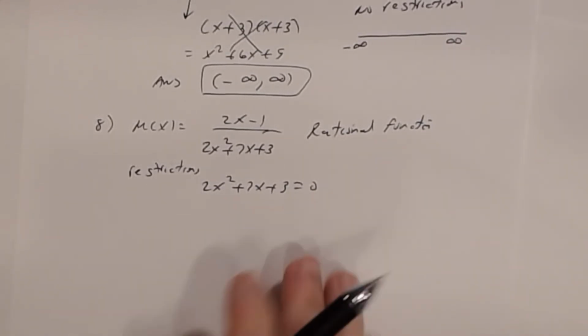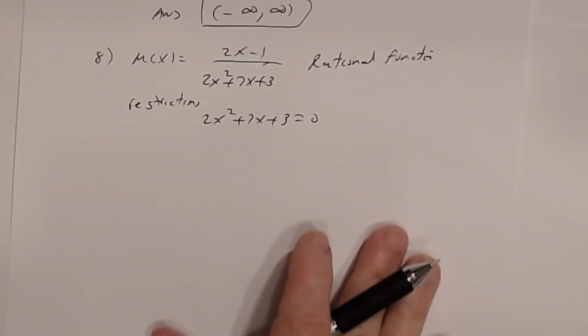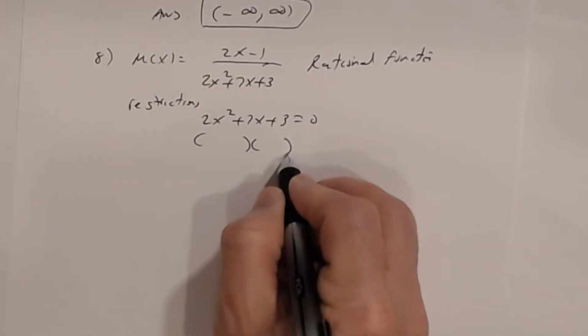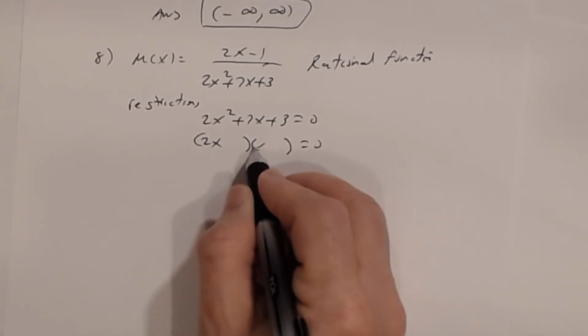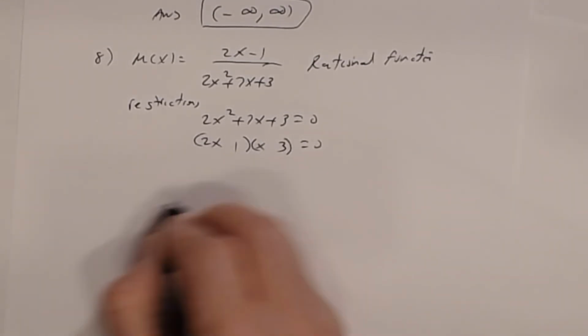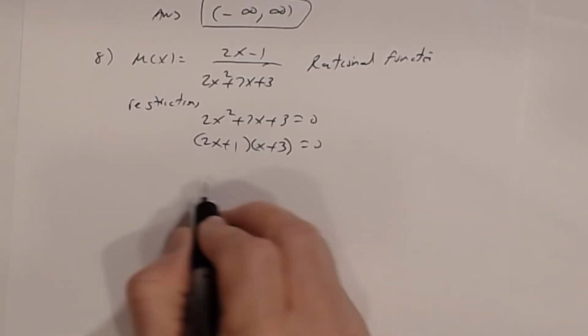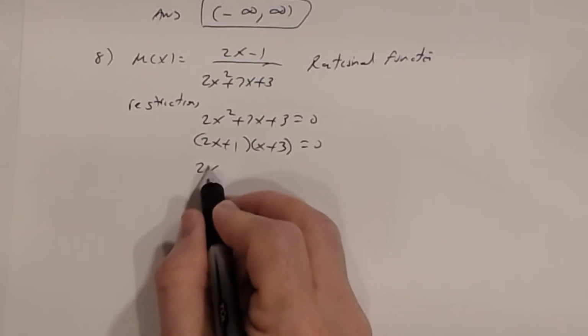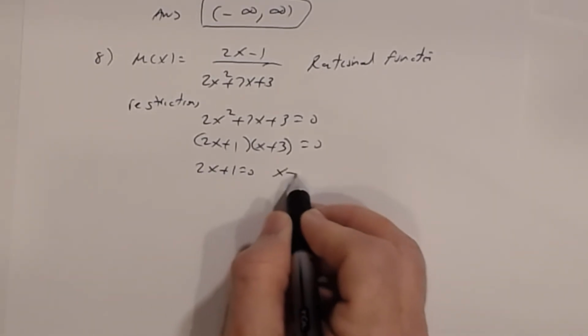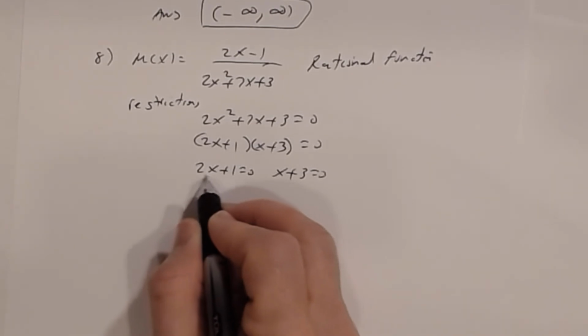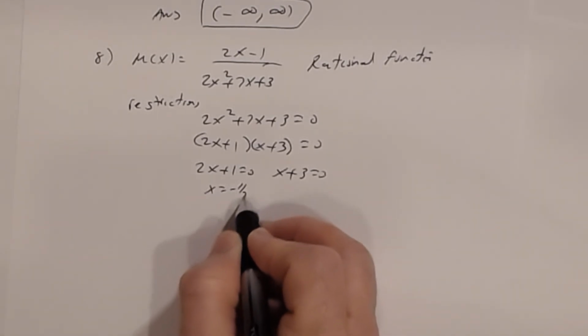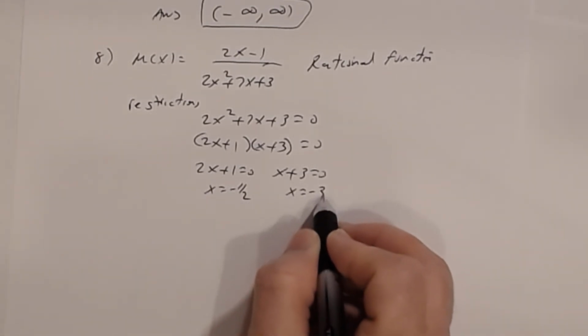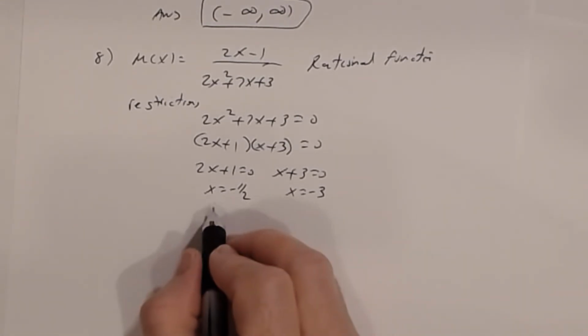So we have this quadratic equation, so let's go ahead and factor this. So this can be factored, and I get 2x, x, and 3, 1, both positive. Then setting each factor equal to 0, I get x to be negative 1/2, and I get x to be negative 3. So those are your restrictions.